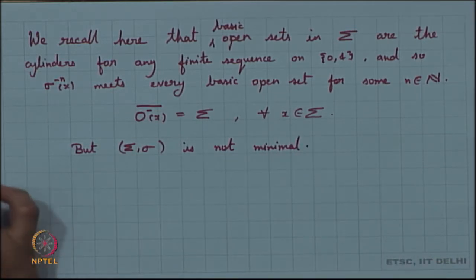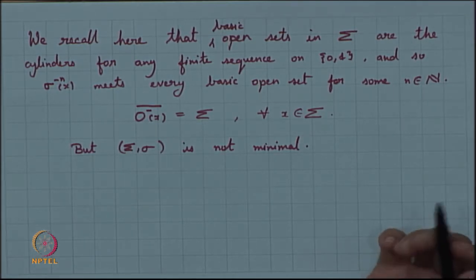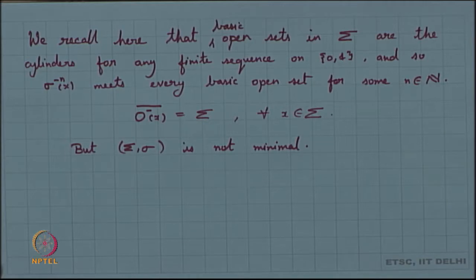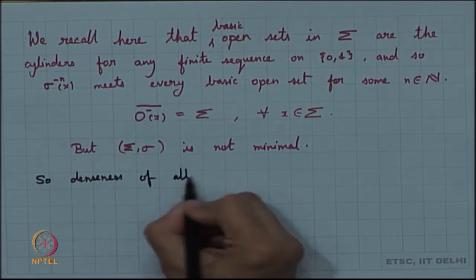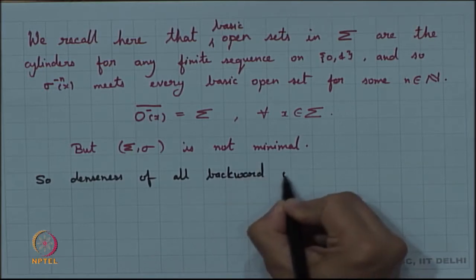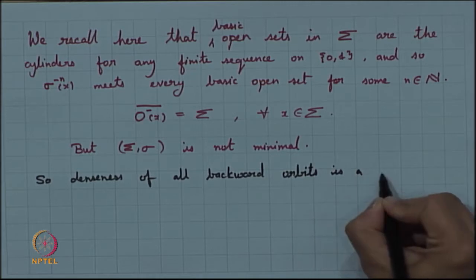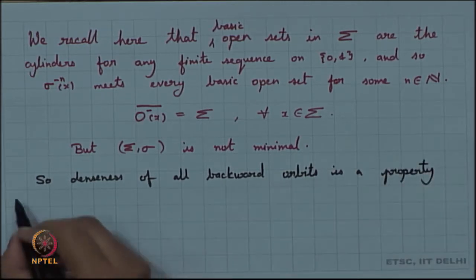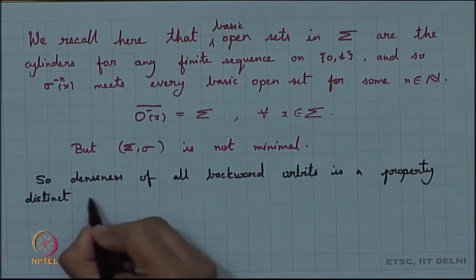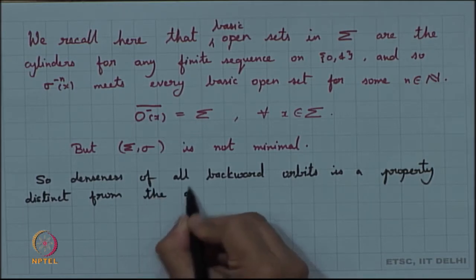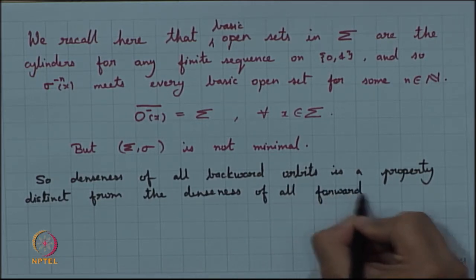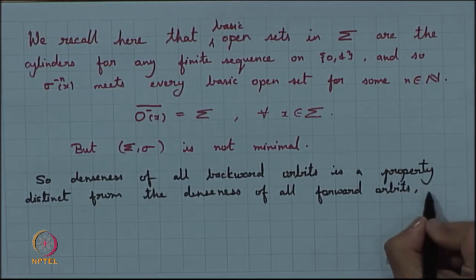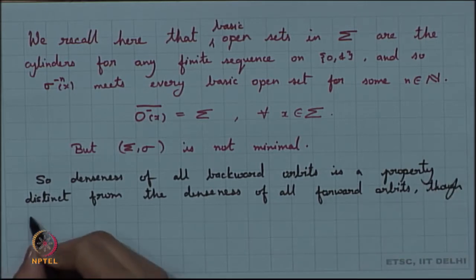So, what we can conclude from here is that denseness of all backward orbits is a property essentially very much different from the denseness of all forward orbits, though the former is implied by the latter.